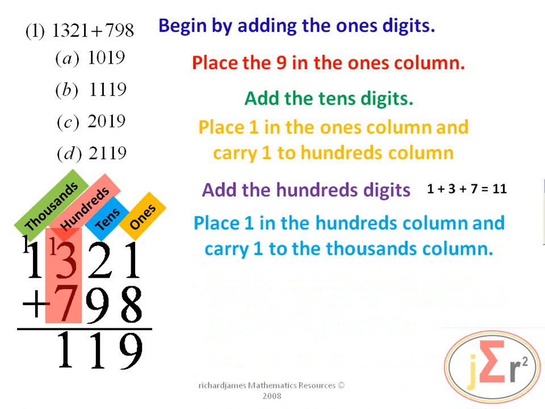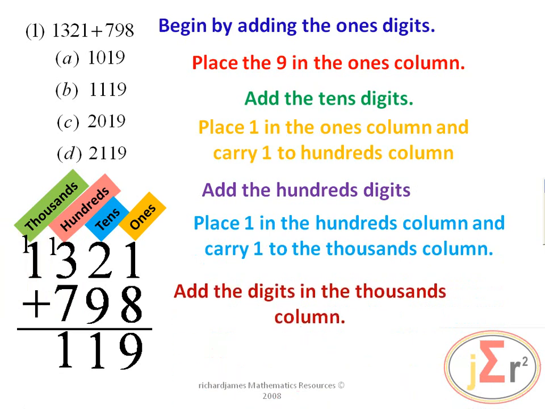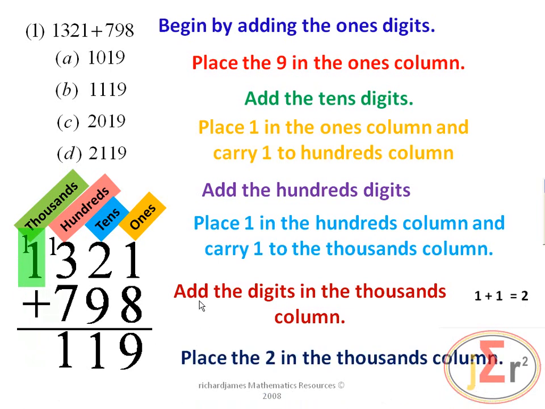There we go. And finally, what do we do? Add the digits in the thousands column. So add those digits, what do we get? 1 plus 1 equal to 2, any number to carry? No number to carry. Therefore, the 2 is just placed in the thousands column.